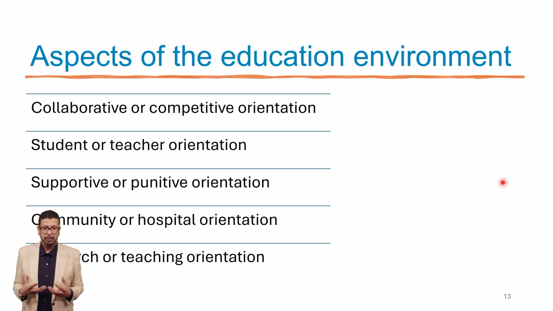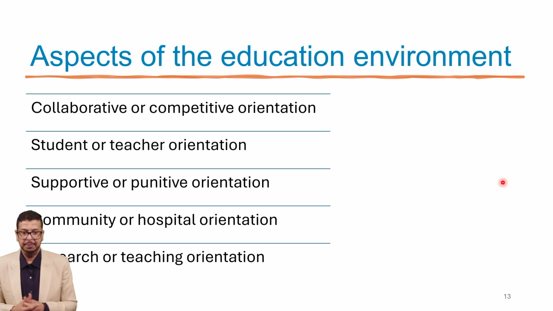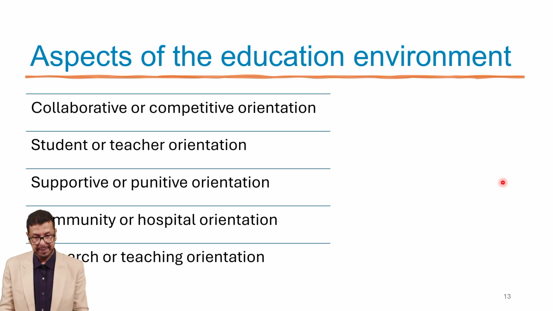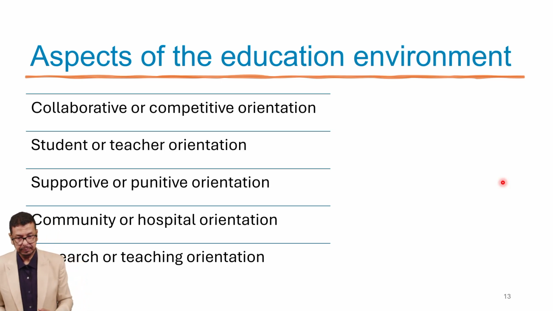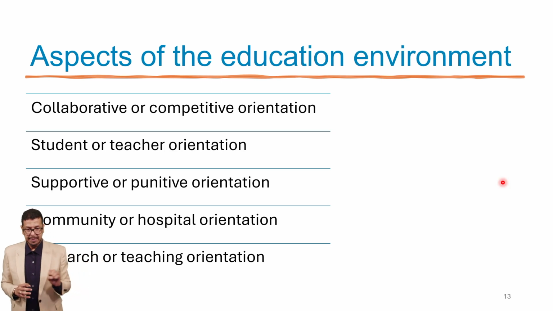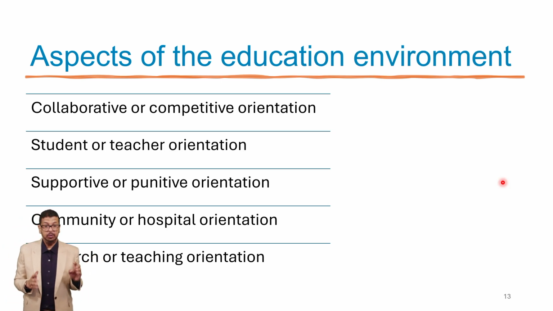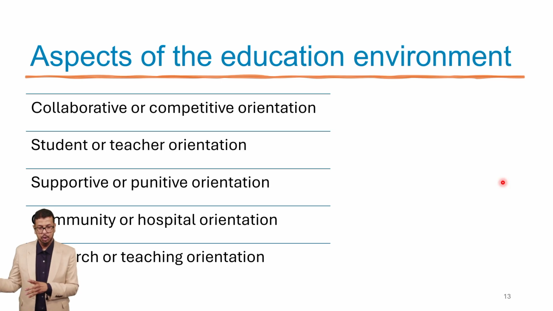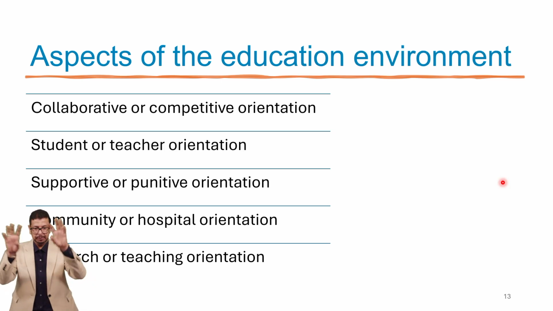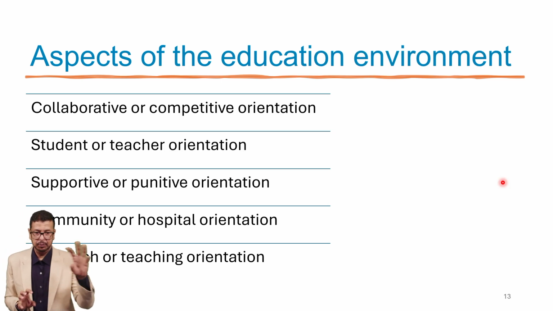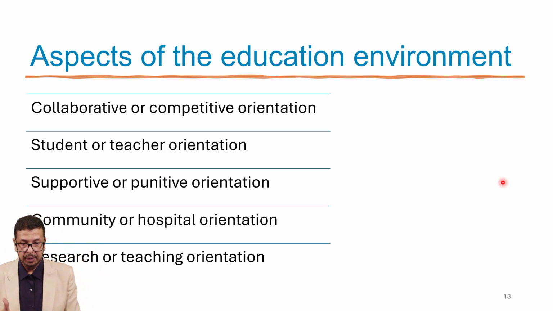central goals of our educational system that we can answer by assessing the environment, because you can see that some medical schools say that they follow a community-based education approach, while most of the training takes place in the hospital. So by measuring the environment, we will see whether we are in alignment with our mission or not.